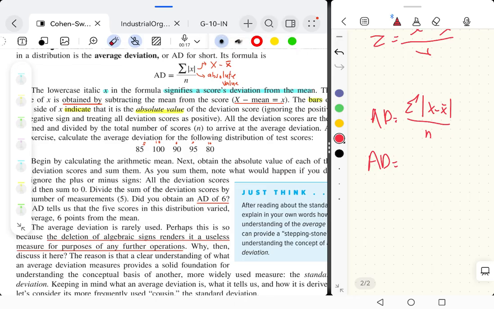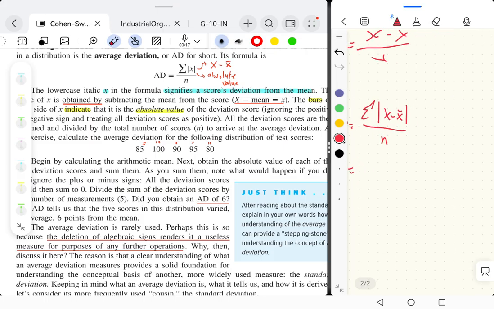Let me just get my calculator real quick. I'm so sorry, guys. All right. So we get 85 plus 100 plus 90 plus 95 plus 80, divided by how many numbers? 1, 2, 3, 4, 5. So 5. So our mean is actually 90, right?